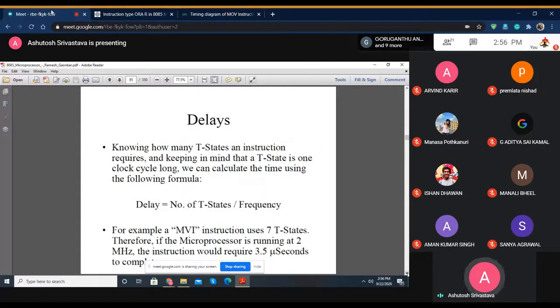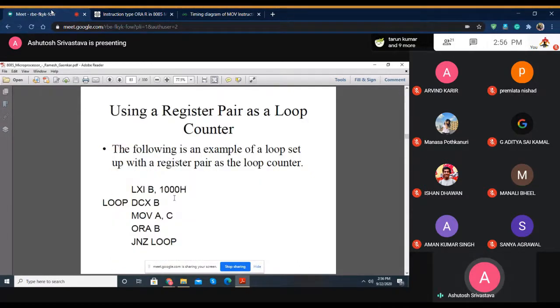Now please note down about delay. Delay is directly related to your T states. For each instruction, like in our previous example, this is one instruction, this is the second instruction, third, fourth, fifth instruction.